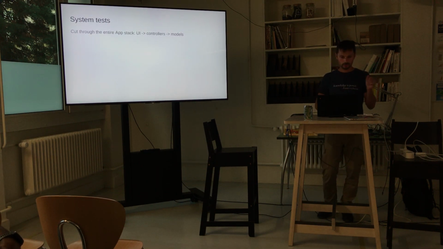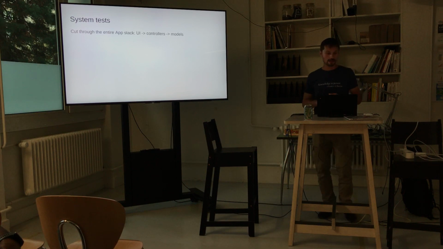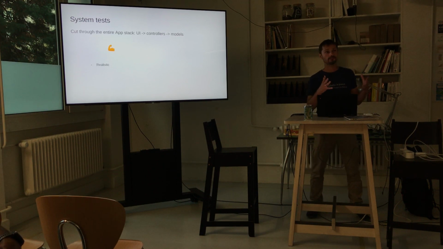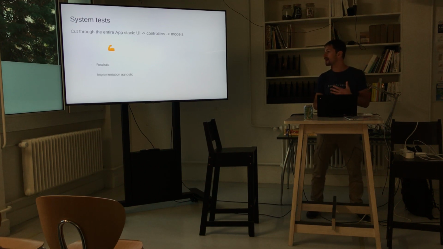Quickly going over all these types. So system tests cut through the entire stack: UI, controllers, models. The benefit of that is that we have a realistic test because it really follows the user interactions, and we have an implementation agnostic test as well.